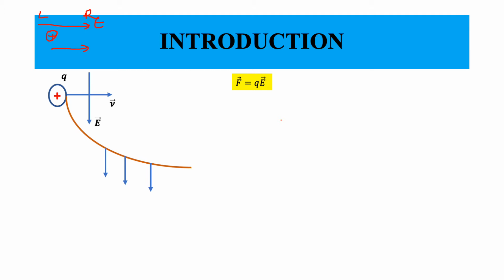For example, if the charge is moving from left to right and the electric field is applied from top to bottom, then imagine there is a velocity vector and this is the electric field that you are applying. This charge develops a certain component along the electric field.